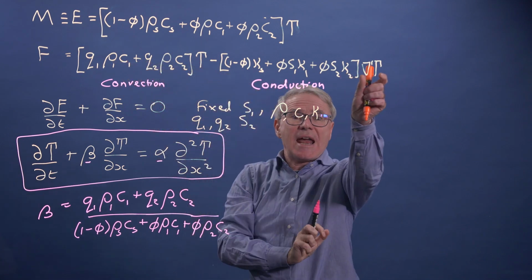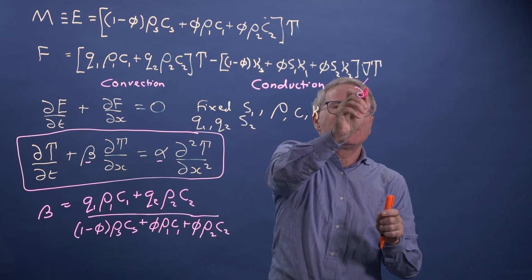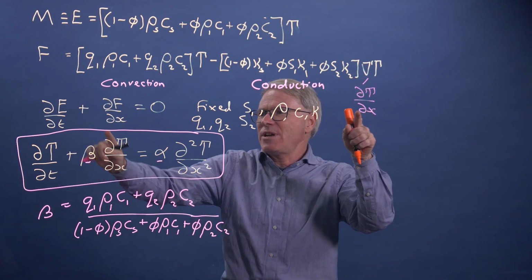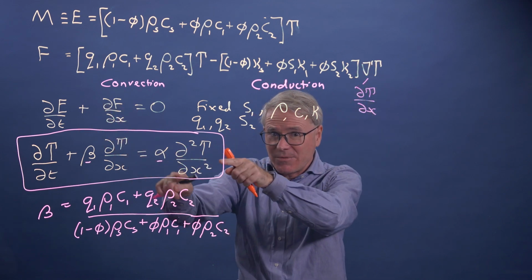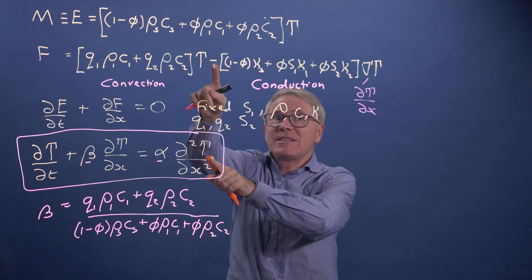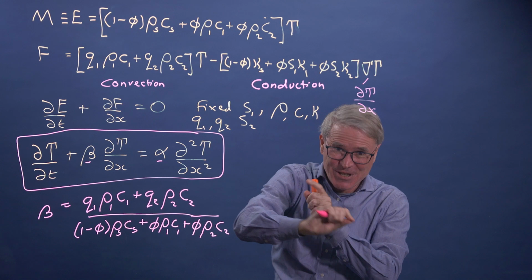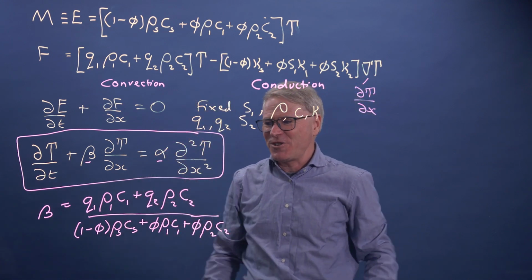Then we have a grad T term, right? And this in one dimension is a dT by dx. And then we differentiate it again, so it's a d2T by dx squared term, so that's why we get this. But notice there's the minus sign, right? Because Fourier's law, high to low temperature, so I put this over the other side of the equation.